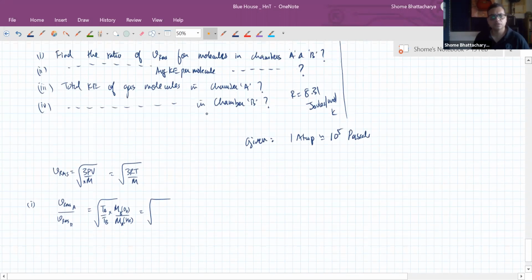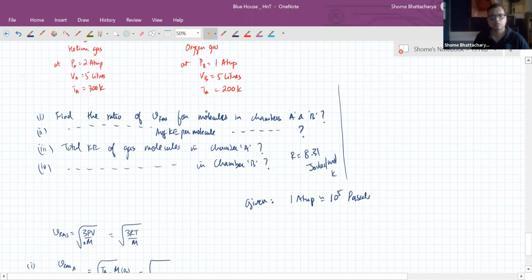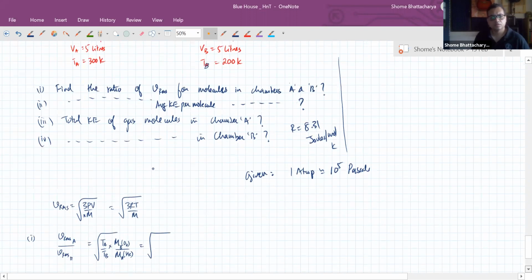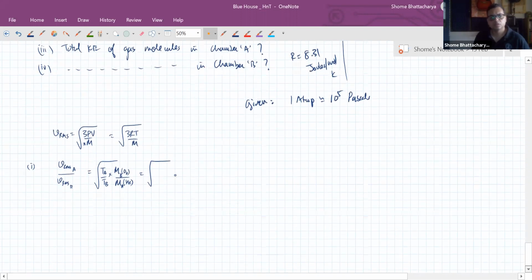Yeah, 300 and 200 should be B. So 3 by 2. Now molar mass of oxygen is 32 grams, and molar mass of helium is 4 grams. So this should become 2 root 3.